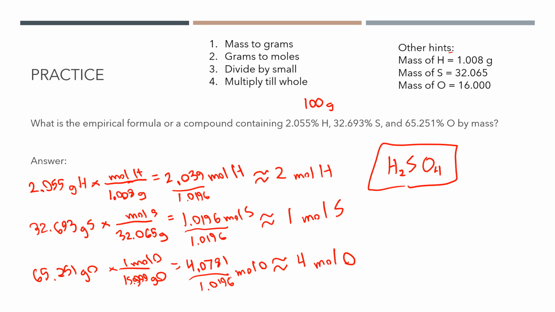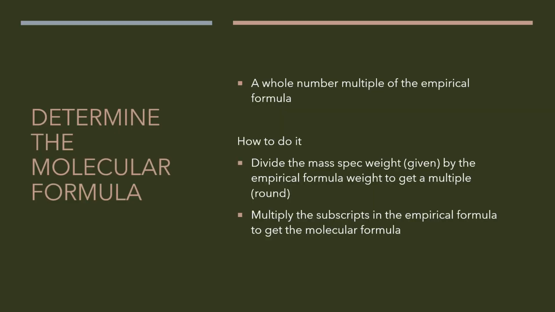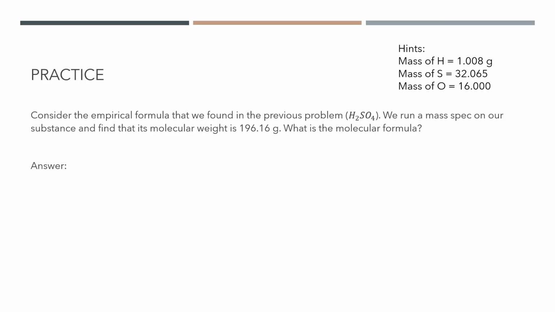Now let's see what else they want us to do with that. Once you determine an empirical formula, you could then determine a molecular formula if you know what the molar mass of your substance is. So let's go through an example of how to do that. Take a moment to pause and try that on your own.